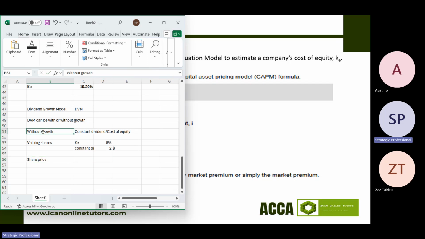Without growth, it means that it will be $2 divided by the cost of equity, which is 5%, right? It means that the share price of that business is $40. Are you following me?